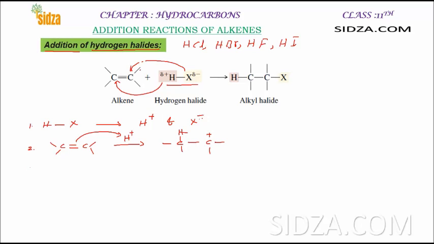In the next step, the same carbocation that is formed in step number two will be under the attack of the nucleophile. So one carbon gets a hydrogen, another carbon gets halogen, right? So this is an addition reaction of alkenes.